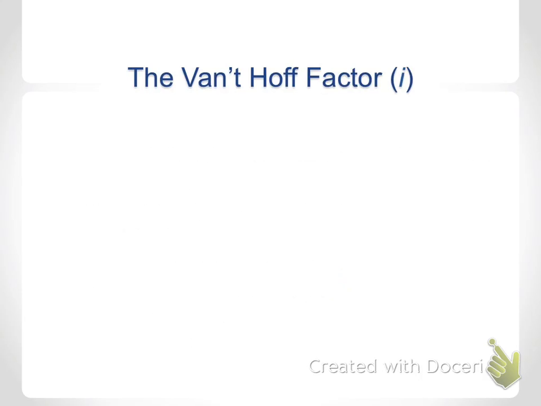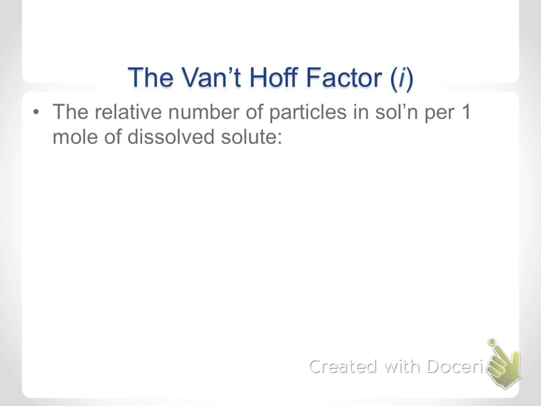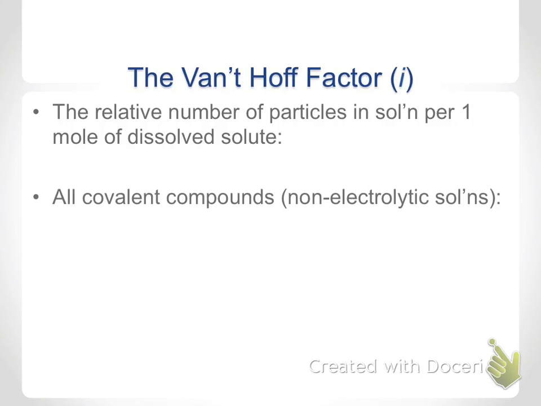Before we do that, a reminder about the Van't Hoff factor, or i. The Van't Hoff factor is the relative number of particles in solution per 1 mole of dissolved solute. We abbreviate it with an italic i, or sometimes a cursive lowercase i.